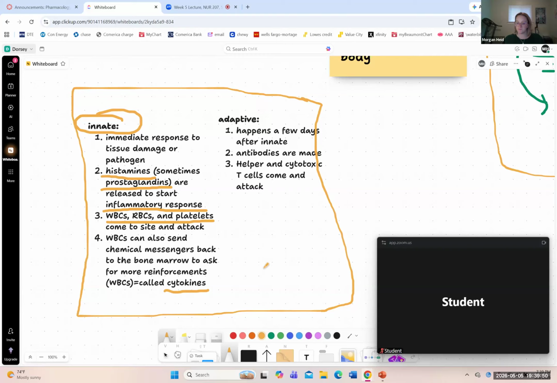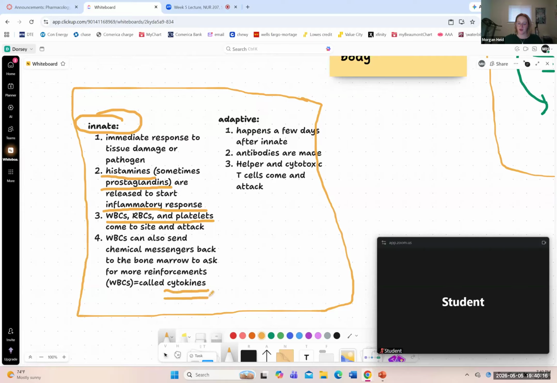Just like in a war, when soldiers are getting tired and a lot of them have died, sometimes they need a messenger to run back to the camp and ask for reinforcements. So the cytokines are the messengers that run back to the camp, which is the bone marrow, saying, I need you to make and release new white blood cells so they can come help the ones that are already there. Does that make sense, what a cytokine is?